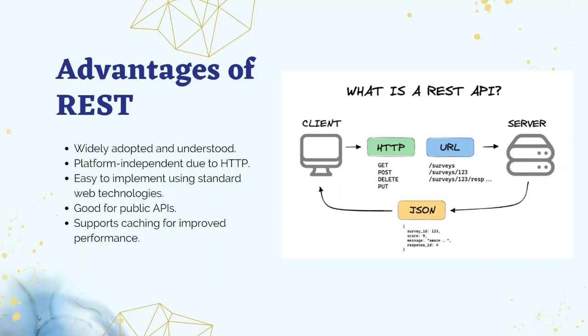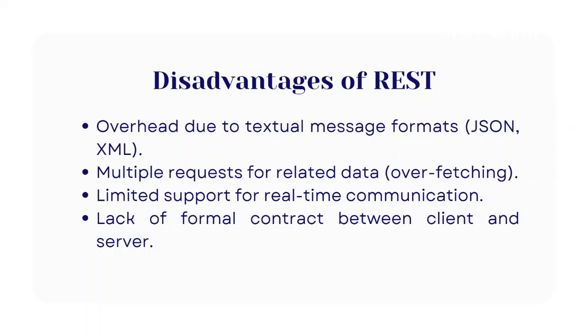On the right hand side, we can see how REST works. As I said, REST has four methods. These are sent as HTTP requests by a URL, and from the server you will get the response in a JSON format. Below is an example of a JSON format.